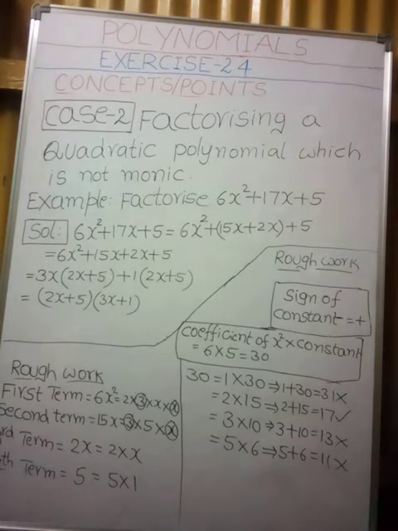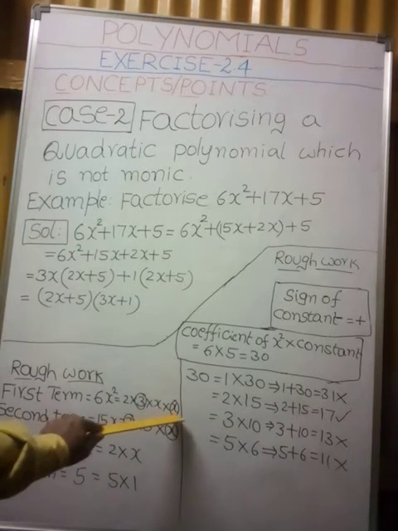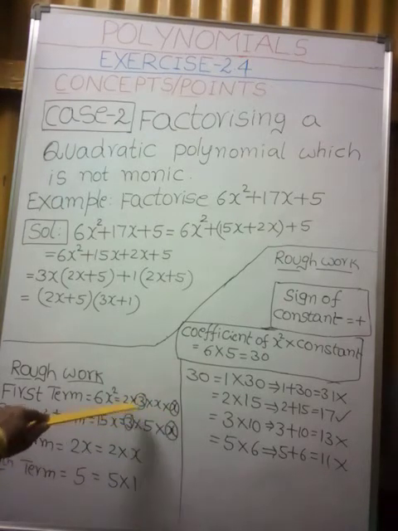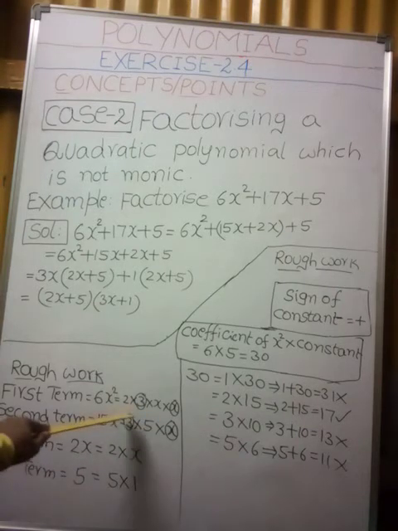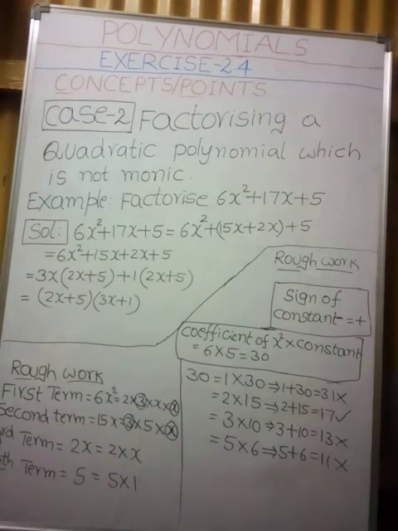Understood, my dear children? Remember this point. So 2 into 3, x square can be written as x into x. I wrote first term as 2 into 3 into x into x. 4 factors. Understood this part, my dear children?